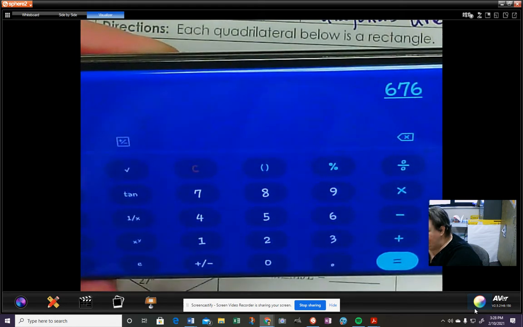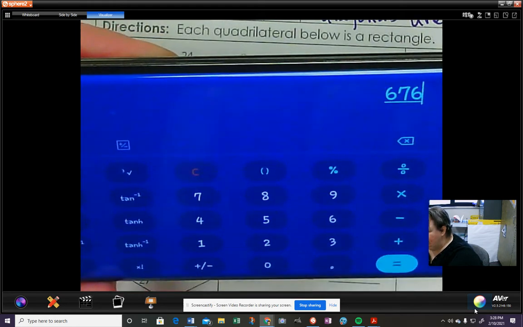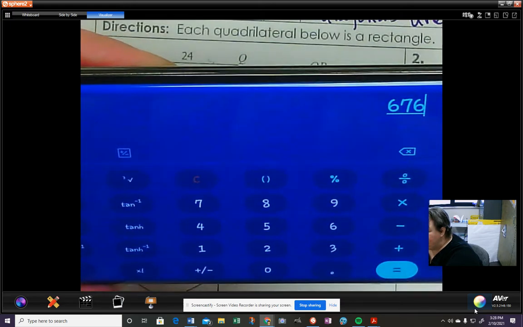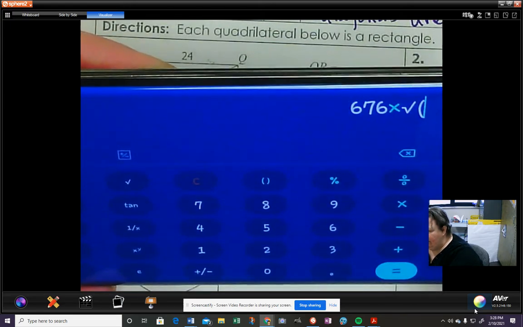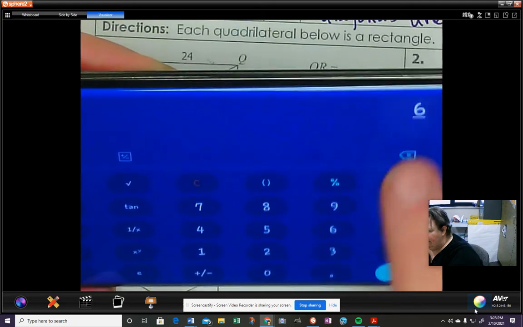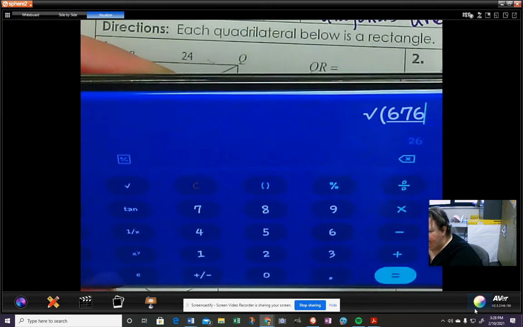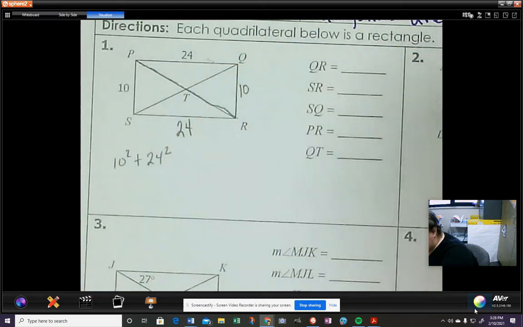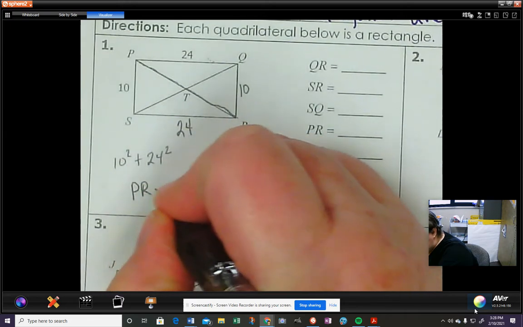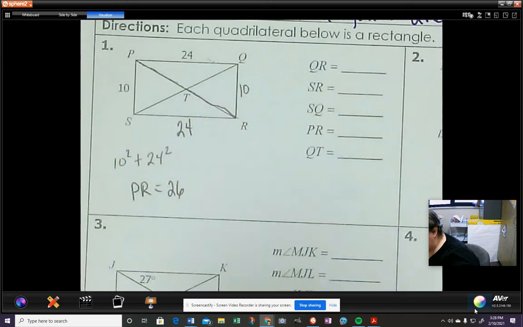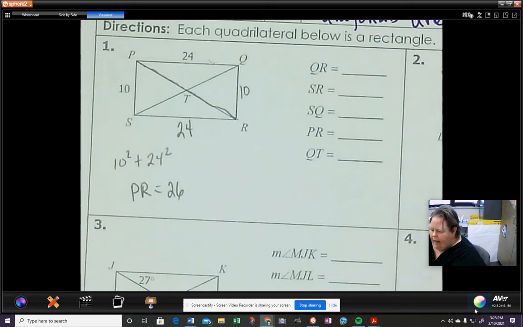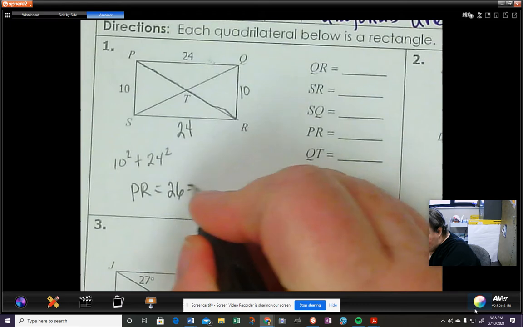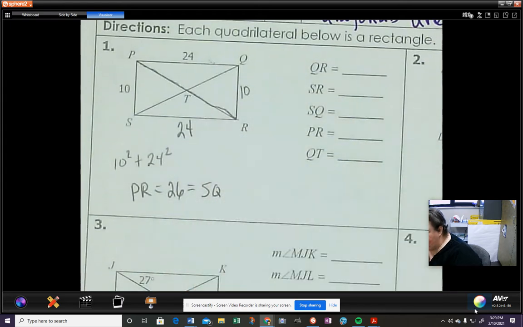Then I'm going to square root that. Square root of 676, I get 26. So PR equals 26. And since I know that PR and SQ are equal, because the diagonals are congruent, I can also say that SQ is also 26.